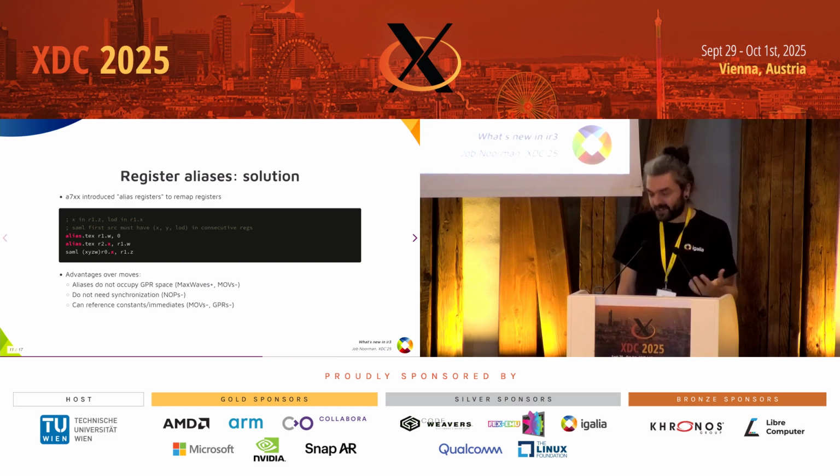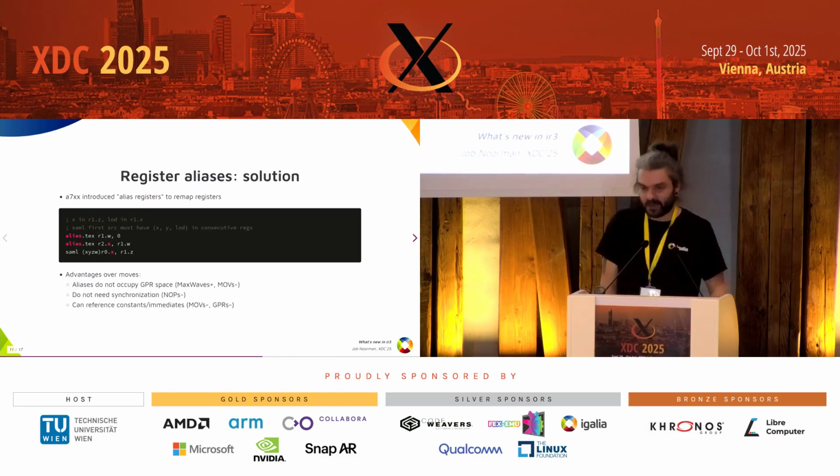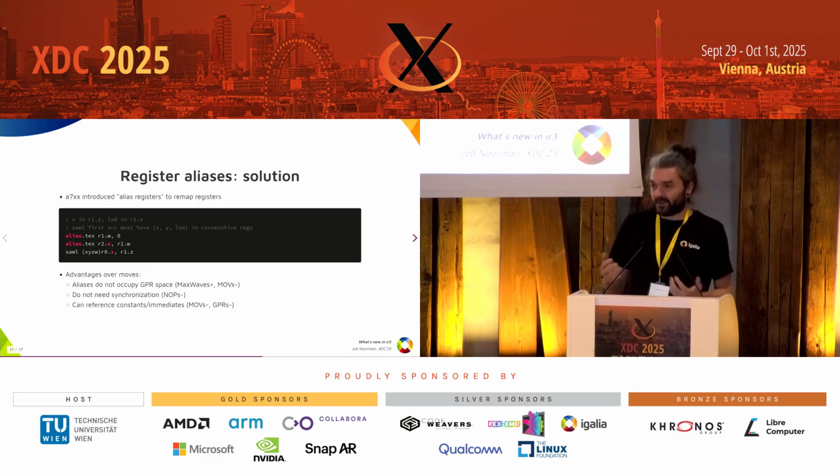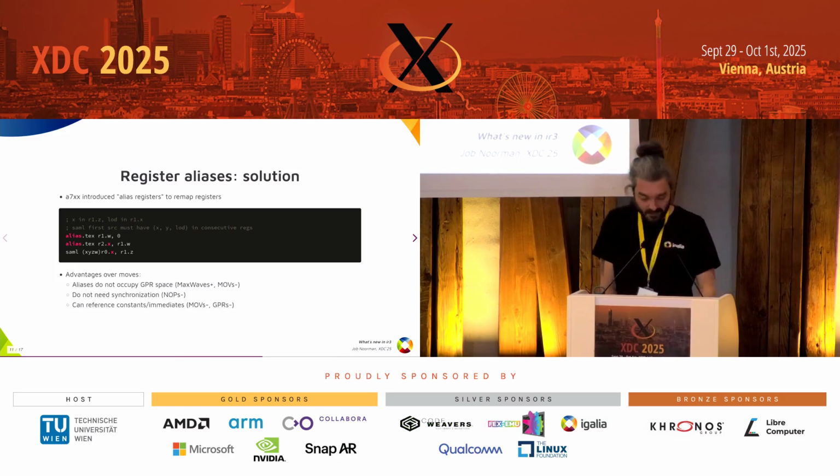Presumably this table is somehow sent to the texture processor, which then uses it to remap registers before accessing actual values. So this means that we don't have to allocate a lot of consecutive registers. We also don't have to allocate registers for immediate values or constant registers, which we did have to do before. So this has a lot of advantages coming out of register allocation.